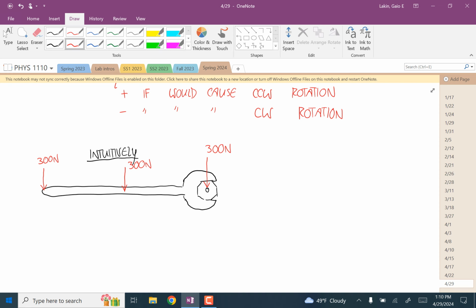If you apply it here, this could be 50 billion newtons, and it would never turn this thing at all, because that distance is 0. Okay? Eventually you'd apply such a big force that this bolt would just rip right off the wall, but it would never turn for an instant.